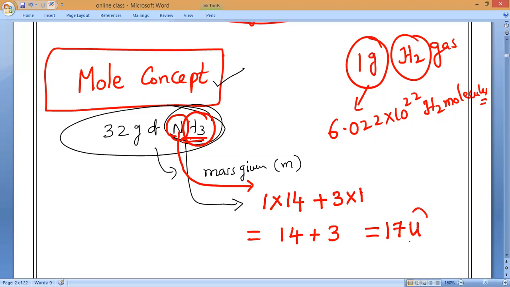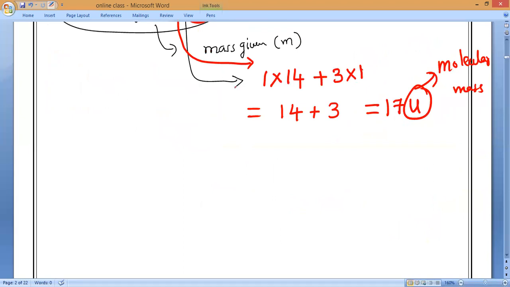17 u. But this is molecular mass. What do we want? Molar mass. Writing gram per mole in place of u, that is what we call molar mass.